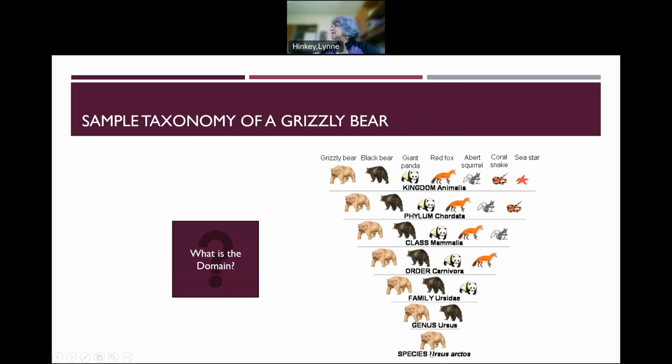So notice, I have genus and species, and that identifies my organism. A species is a group of organisms that are capable of reproducing with one another. They're genetically similar and capable of reproducing and having viable offspring. So Ursus arctos is down to my species name.